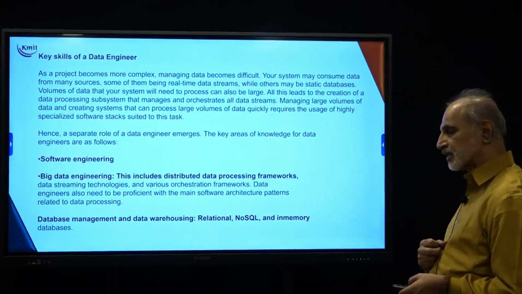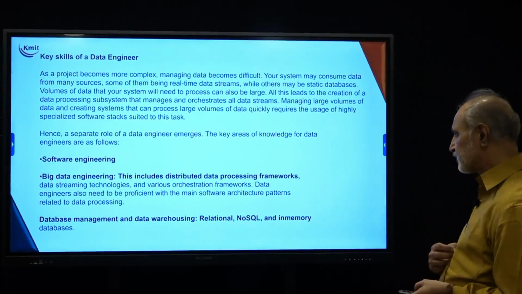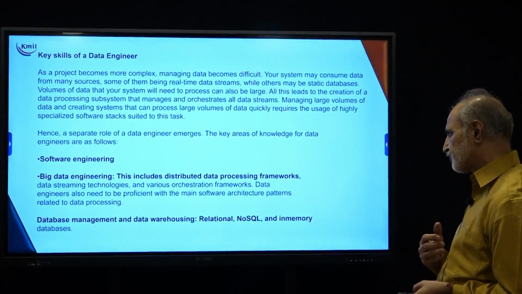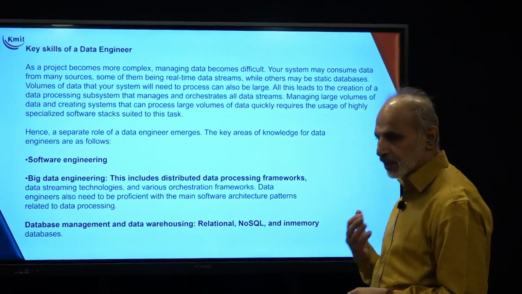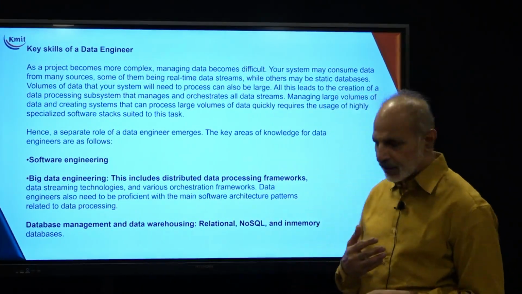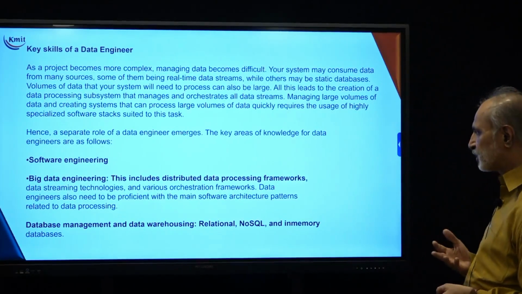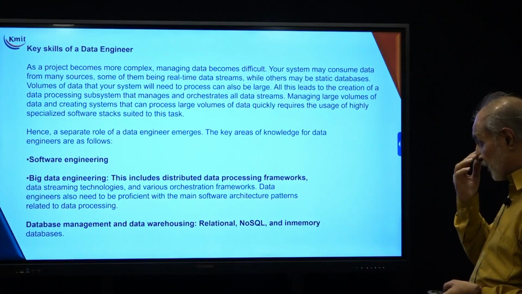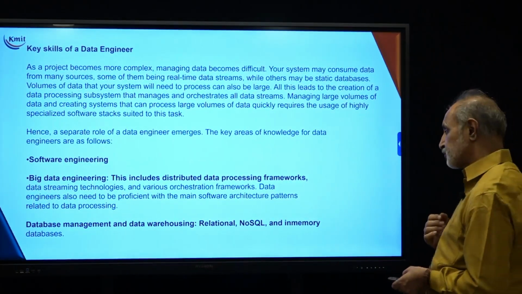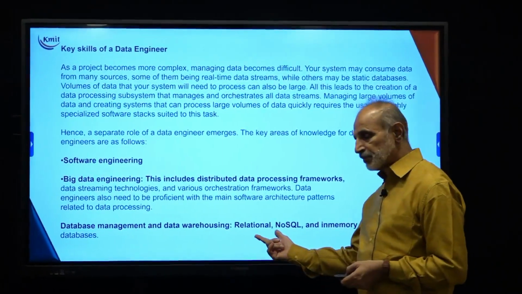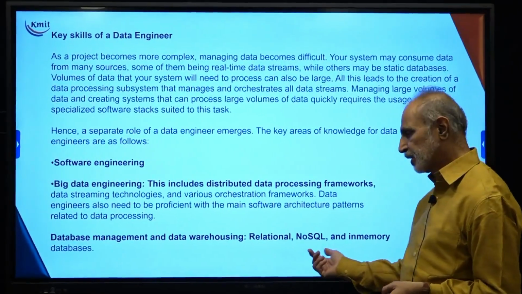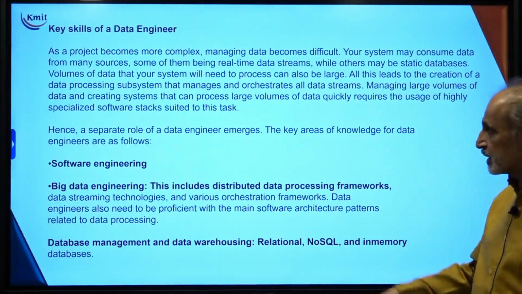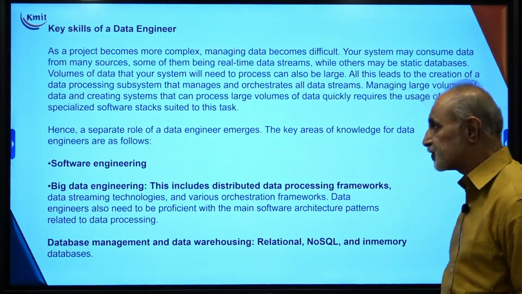Big data engineering means dealing with big data. So, you need to know various frameworks like Hadoop or any other framework which includes big data analytics. And DBMS: you need to know about RDBMS, NoSQL, or in-memory databases. So, these are some of the requirements of data engineering.